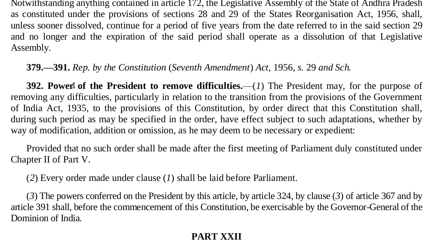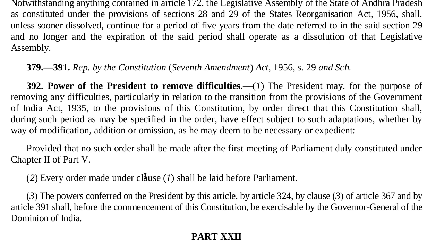Article 392, power of the President to remove difficulties. 1. The President may, for the purpose of removing any difficulty, particularly in relation to the transition from the provisions of the Government of India Act 1935 to the provisions of this Constitution, by order direct that this Constitution shall, during such period as may be specified in the order, have effect subject to such adaptations, whether by way of modification, addition or omission, as he may deem to be necessary or expedient, provided that no such order shall be made after the first meeting of Parliament duly constituted under Chapter 2 of Part 5. 2.